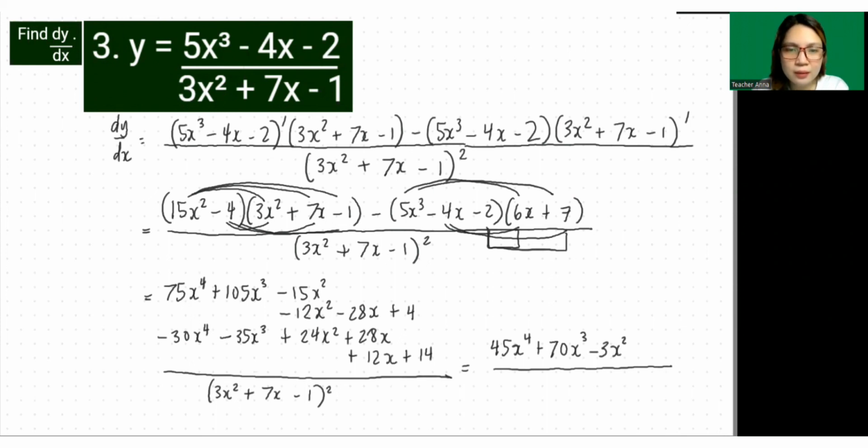And then we can remove this. We have positive 12x plus 18. All over, again, we can just write this as the square of 3x squared plus 7x minus 1. And that's it for this example.